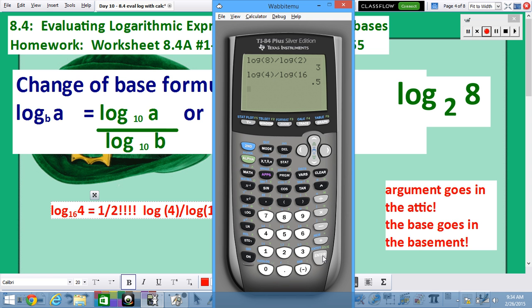So what I want you to do is practice using the change of base formula and the log button right here to try 4 problems.